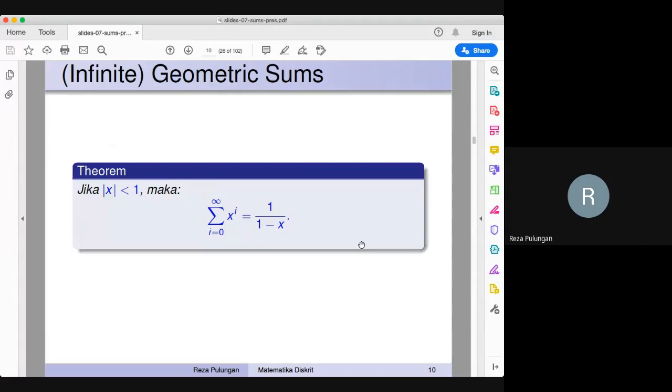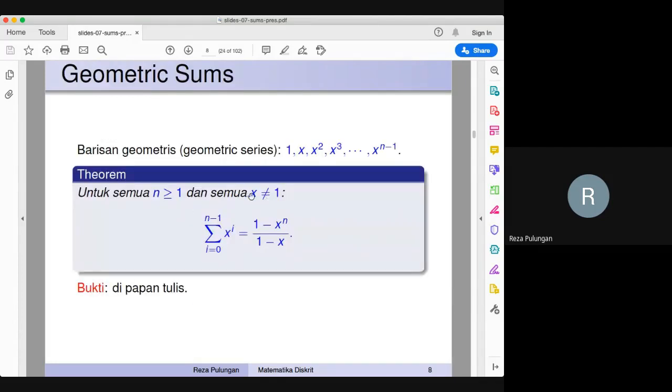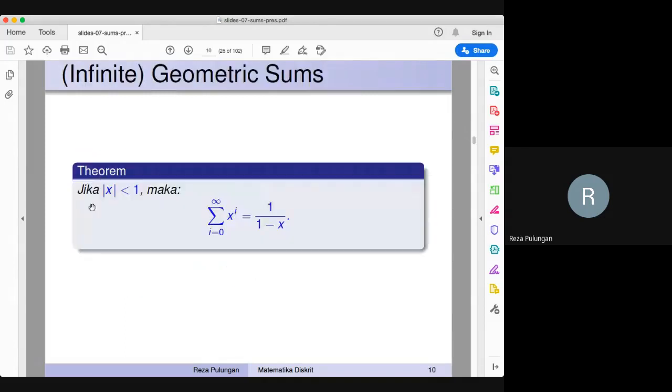Look at this: if the absolute value of x is less than 1, this is important, x must be less than 1. It cannot be more than 1. In the previous one, x is allowed to have a value larger than 1, as long as it is not equal to 1, but in this one, x must be smaller than 1.